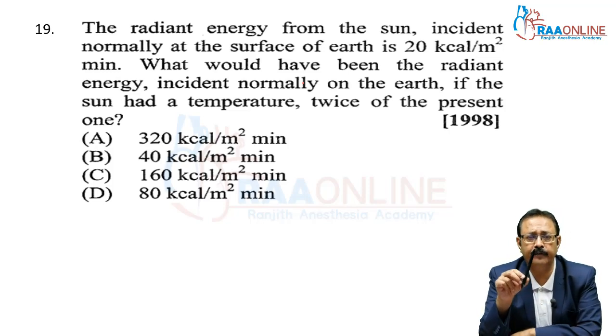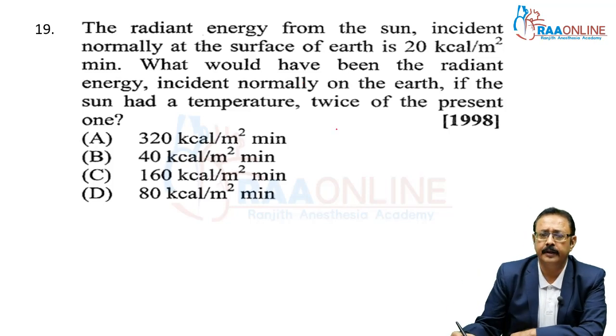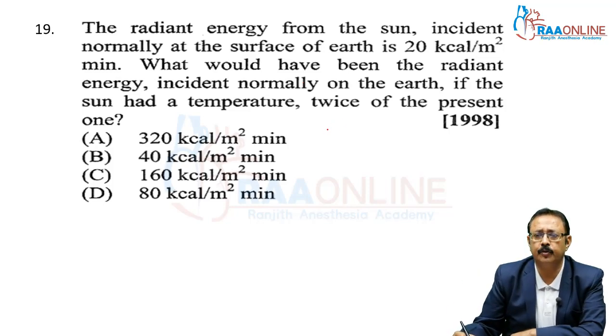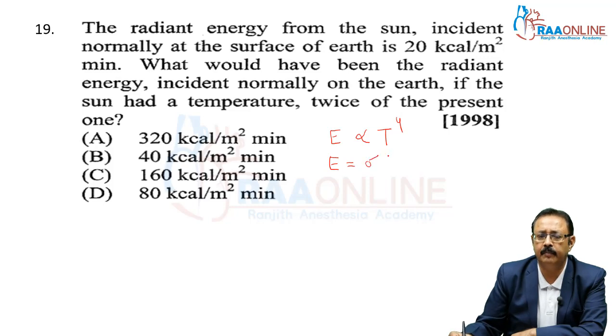So now we have to take care of the number only. Initially it was 20 calorie per meter square. I am taking initially E1. We know that by Stefan's law E should be proportional to T raised to the power 4. Means radiant energy is equal to Stefan's constant multiplied by T raised to the power 4.